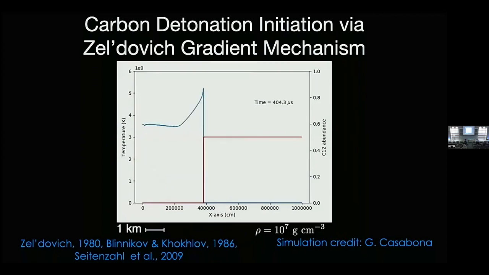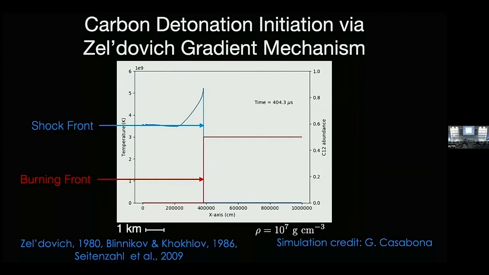To focus on this image, there will be two plots on the same figure. On the left, temperature, and on the right, carbon abundance. The burning front can be seen in the depletion of the carbon as it goes down to 0, and the shock front can be visualized when the temperature is increased.